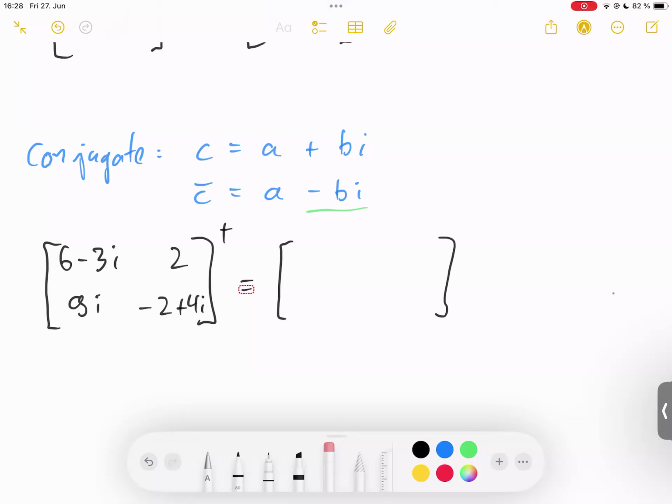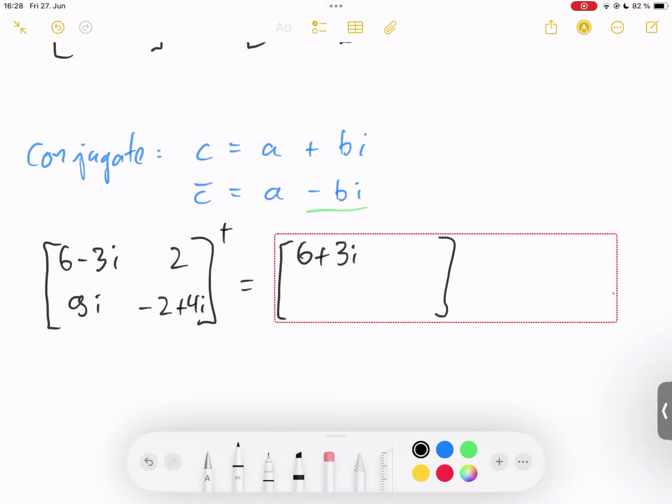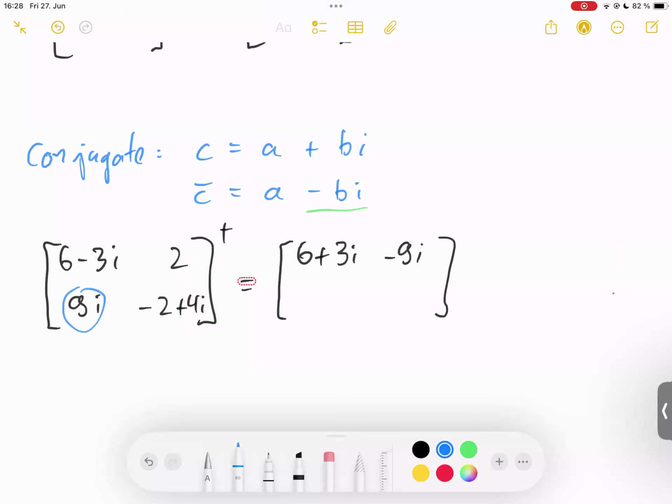Maybe I'll start with the first component, because the first component was 6 minus 3i. So it's 6 plus 3i because we've changed the sign. What's the second entry? We got the right answer. It's minus 9i because we have the transpose.